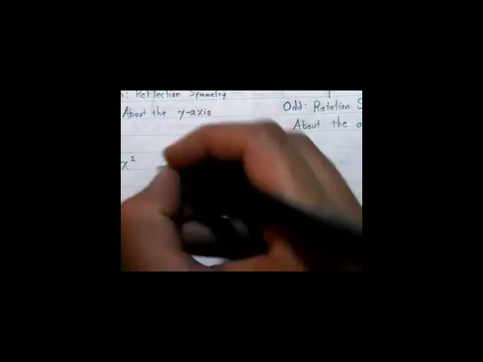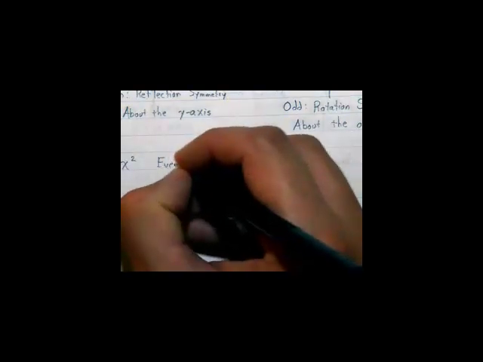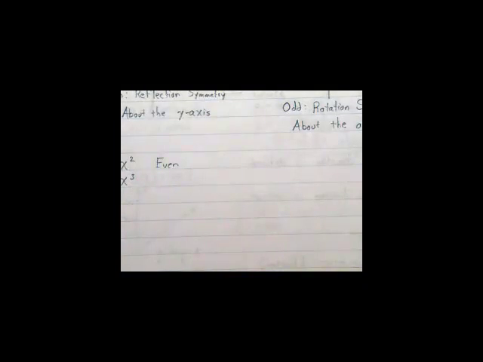f of x equals x squared, parabola. Think about it. What kind of shape does it have? Is it even or odd? Even. x cubed. Think about the graph. Is it even or odd? Odd.